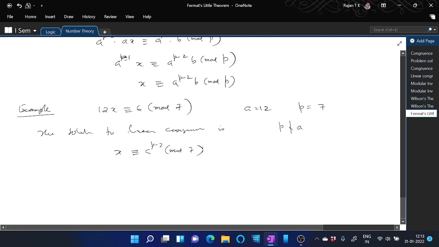Here p is 7, a is 12, so this is 12 raised to 7 minus 2, that is 5, modulo 7.